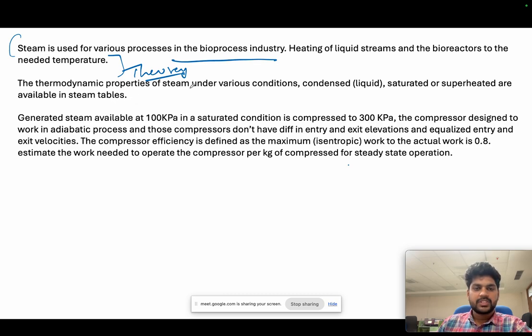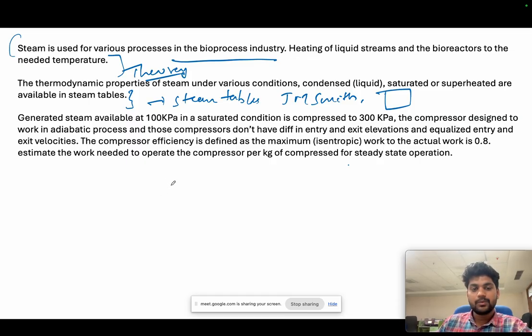The thermodynamic properties of steam under various conditions, condensed, saturated, or superheated, are available in the steam tables. If we have the James Smith book, maybe I will share the steam tables with you after the class.